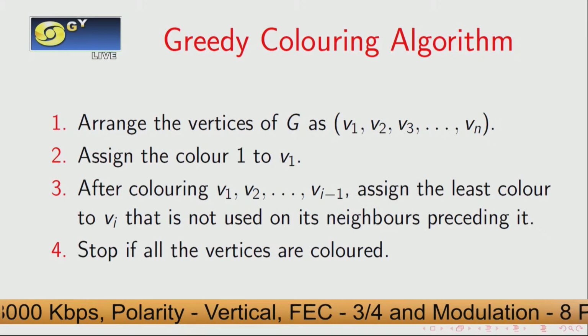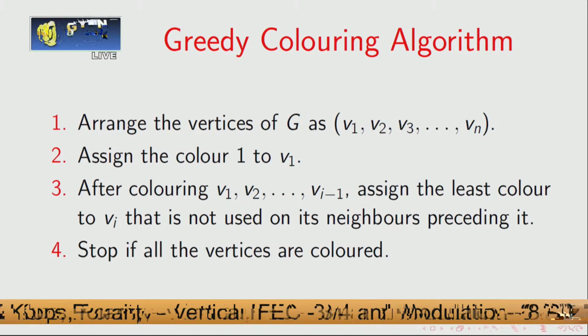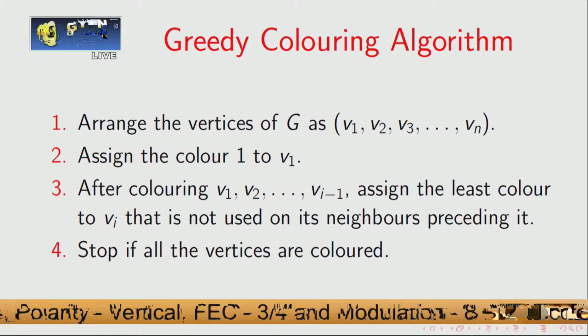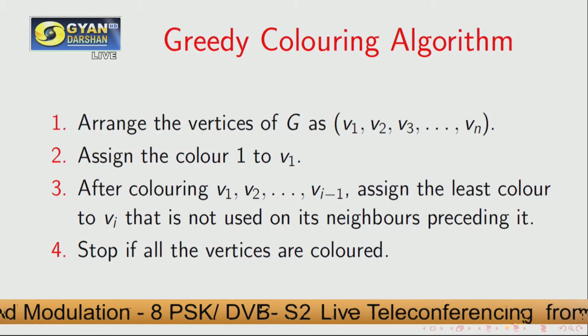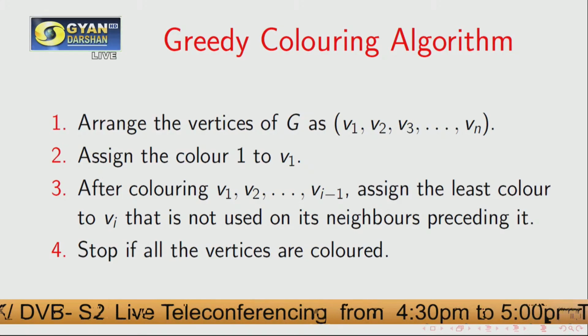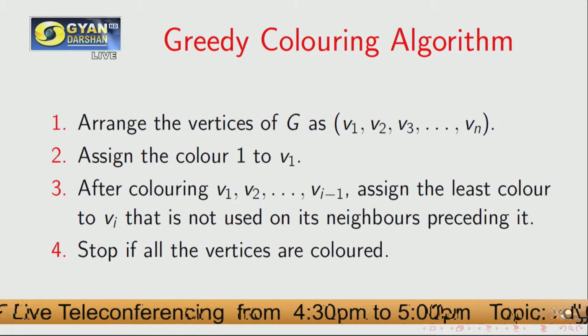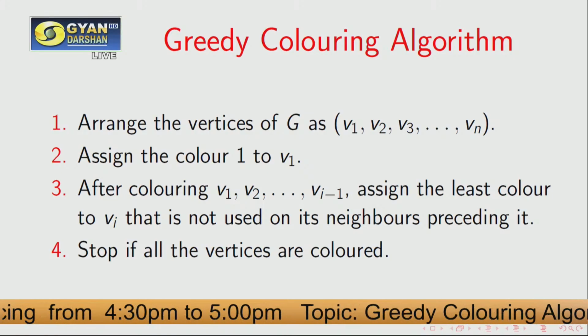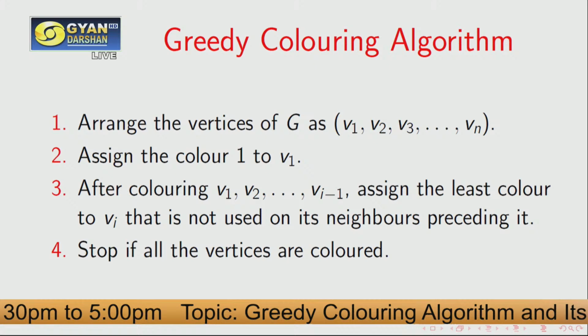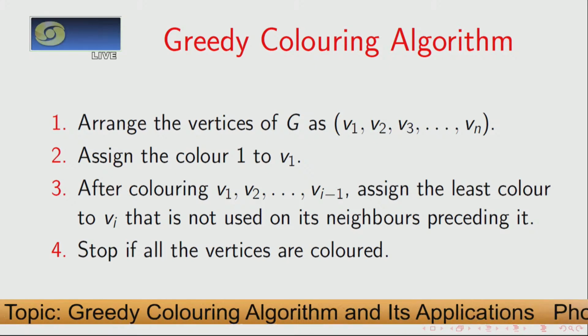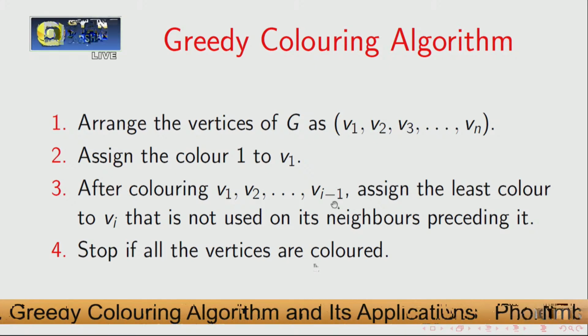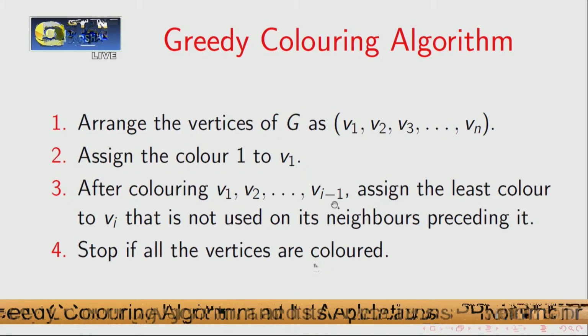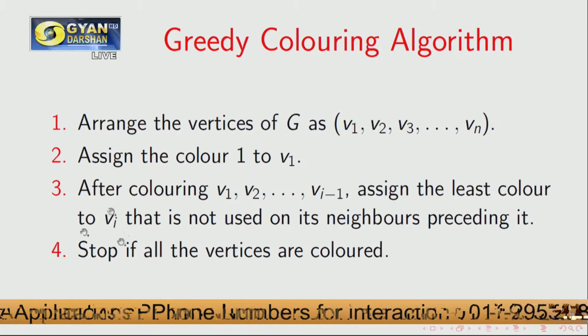So the algorithm is this. You just have a few steps. Arrange the vertices of G in some specific order, say v1, v2, v3 up to vn. And then after that ordering is given, we just assign the color 1 to the first vertex v1. And then after coloring the vertices, say up to v1, v2 up to v_{i-1}, we are supposed to color the ith vertex vi. Now how to color this?